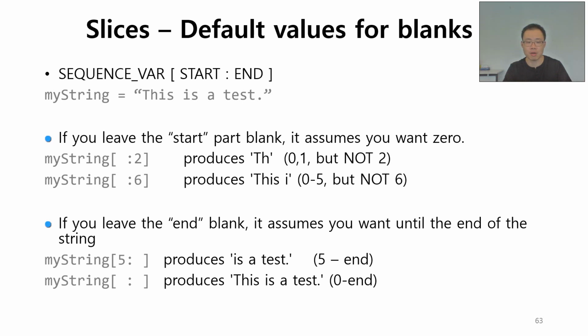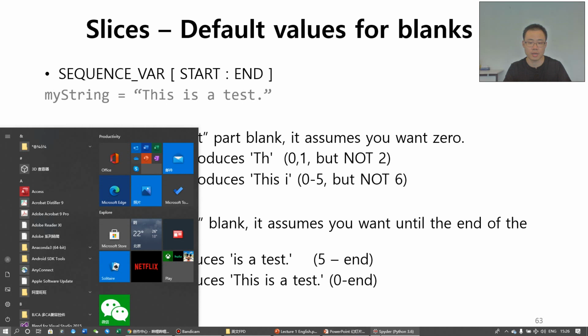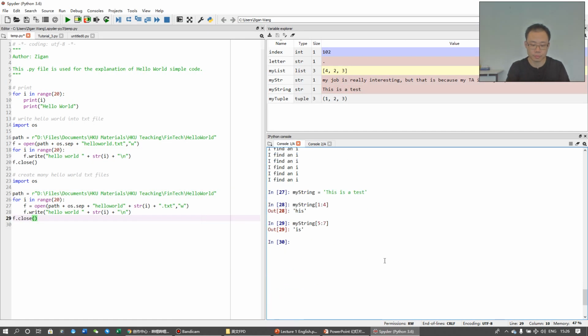If you put 0 here, actually it should not be 0, it should be -0. But if you leave it blank, then it assumes that you slice it to the end of this string. Let's check. My string 5 to nothing, blank. Then it will give you is a test, to the end.